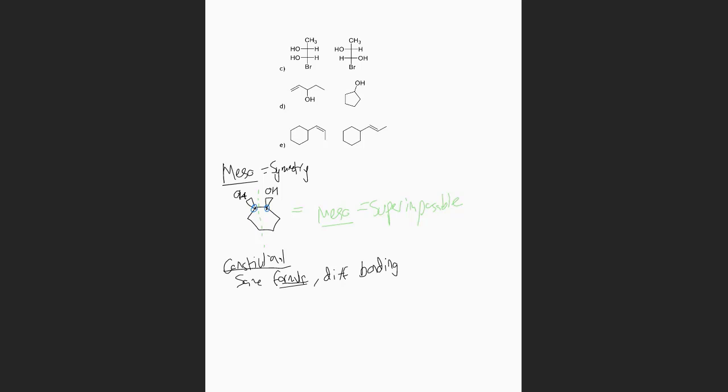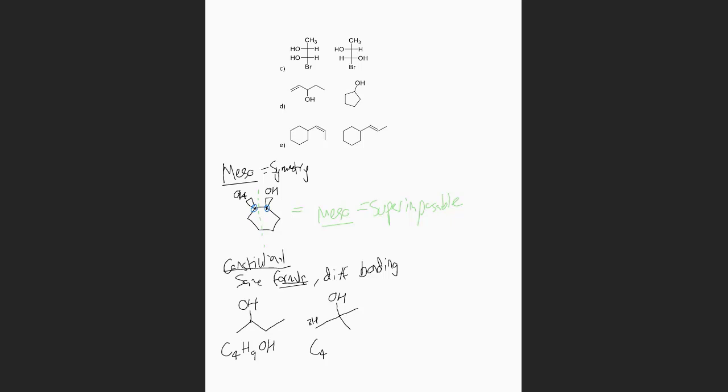So if I have something like this, 1, 2, 3, 4 carbons, and I put an OH here, this formula is C4H9OH. And if I drew it like so, like that, this is still C4.